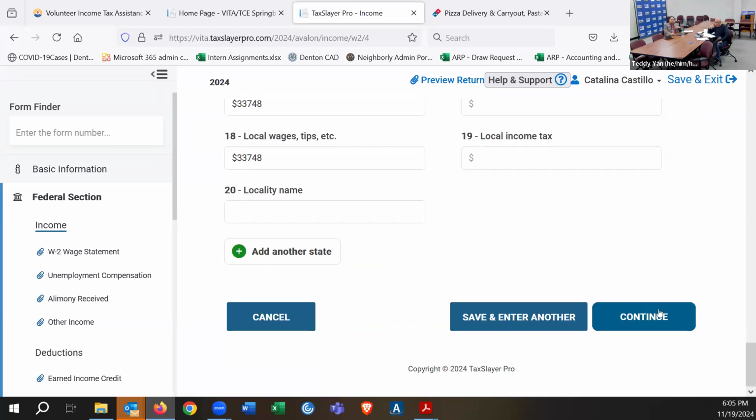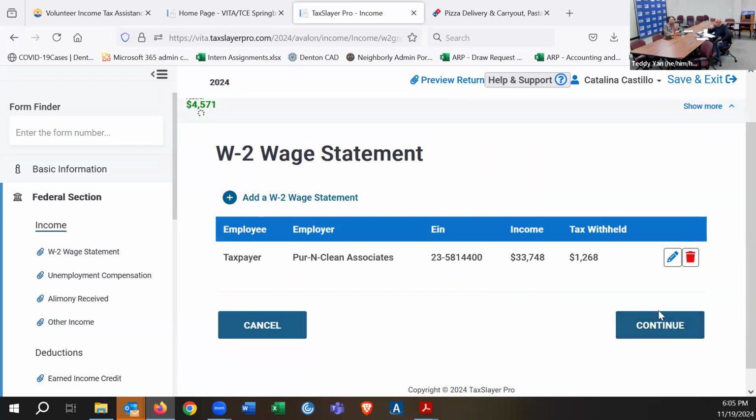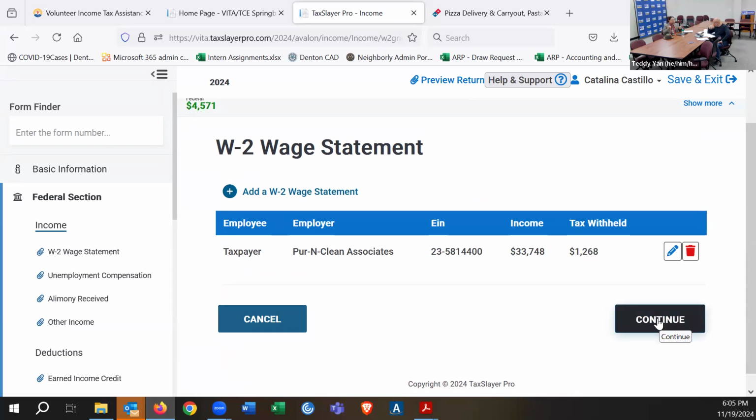But all in all, it should be a relatively straightforward W-2. This is the point where we then ask her, do you have any other W-2s to add to fulfill our due diligence? She says, nope, that's it. Cool, that means we can move on.